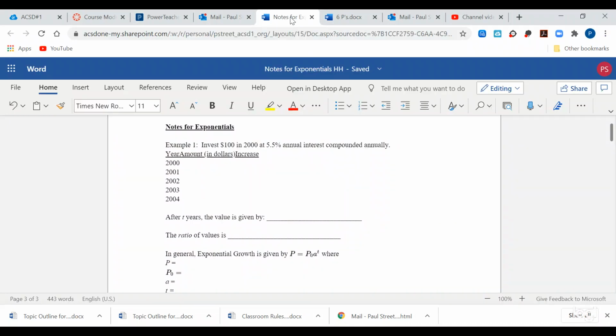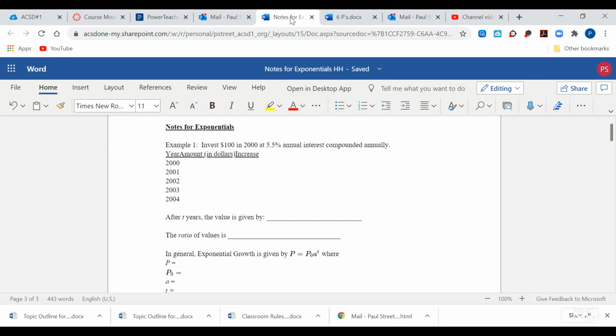Okay, now we're going to jump down to the formula. So after T years, now we're going to generalize this. We have this 5.5% interest, and we started with $100.